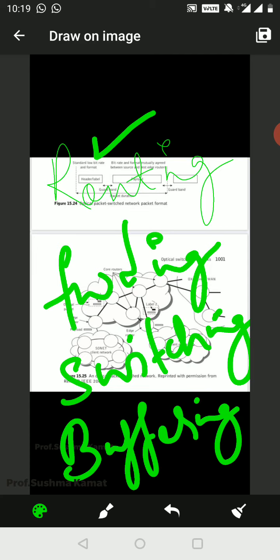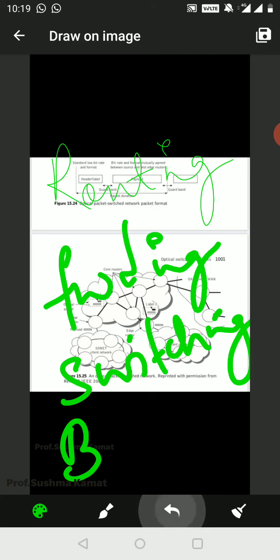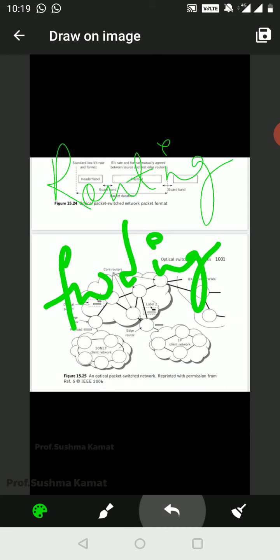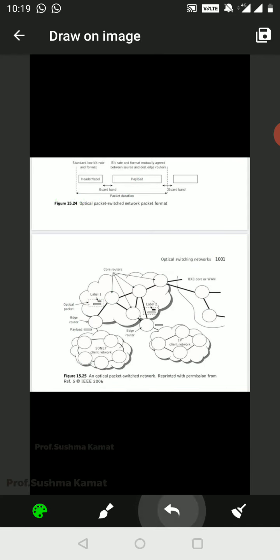If we have understood this, let's move forward to understanding the network format for the packet switched network. In this picture, you'll understand the overall structure of a typical packet.